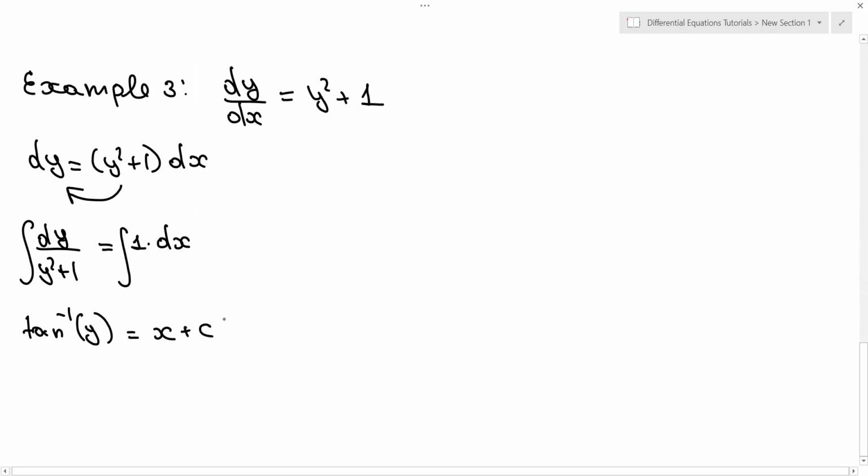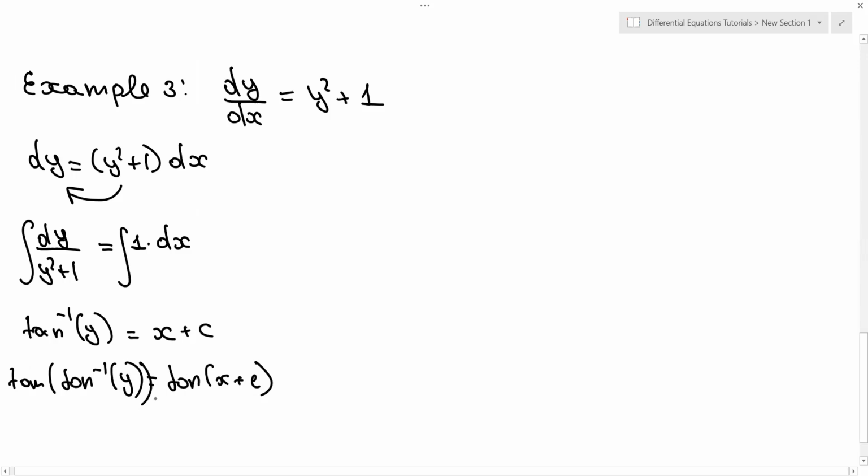So we have x plus c here. If we are familiar with trigonometric integration, we can write tangent of tangent to the power of minus 1, y, is equal to tangent of x plus c.